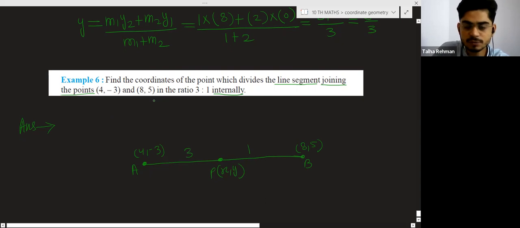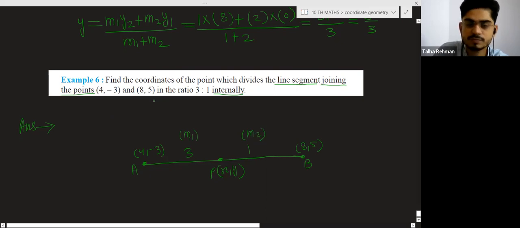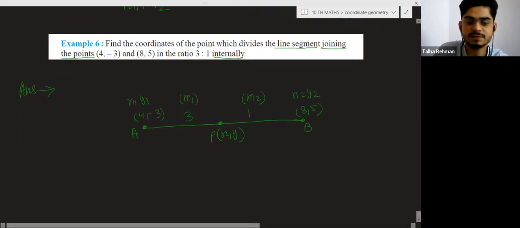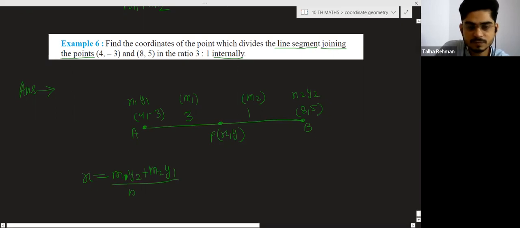Now what you will do, you have to decide which is m1, which is m2, which is x1, y1, x2, y2, and you will apply the formula. So m1 y2 plus m2 y1 divided by m1 plus m2.